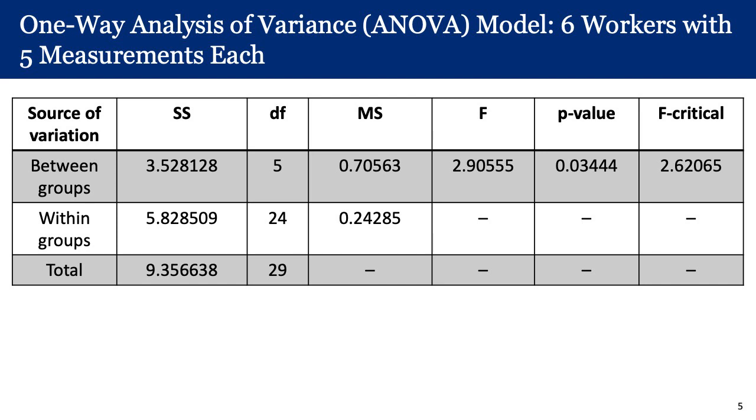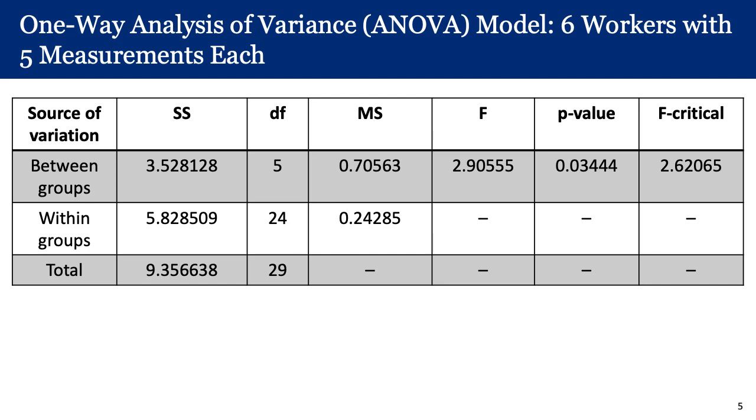The ANOVA also calculates a critical value of F, which is in the last column. And in the second to last column, we show the p-value, which tells us whether the difference between groups is statistically significant or not. And we judge the statistical significance in this case with a p-value of 0.05. And the p-value for this data set is less than that.